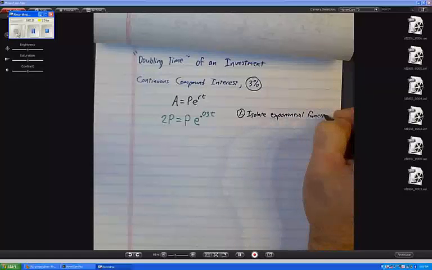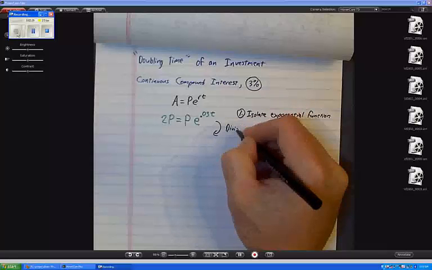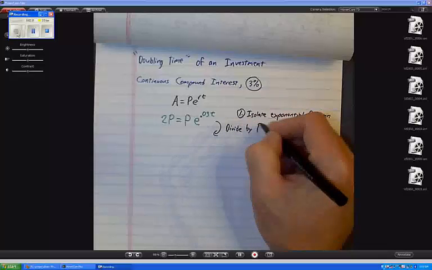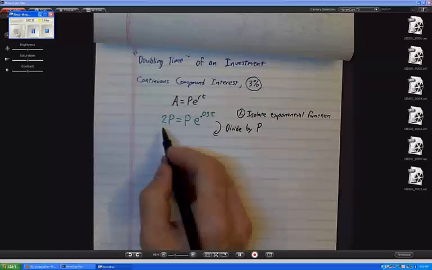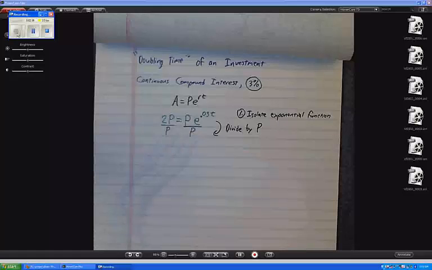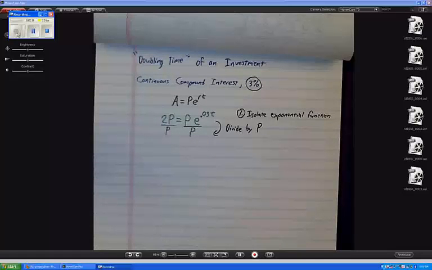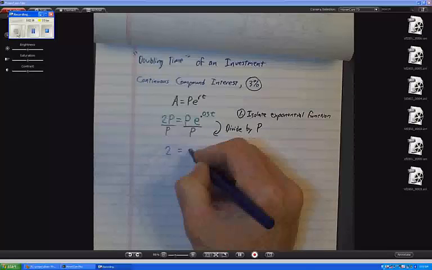I need to divide by P. Well, if I divide by P on both sides, it cancels. And so what do I get? Well, now I have 2 equals e to the 0.03t.